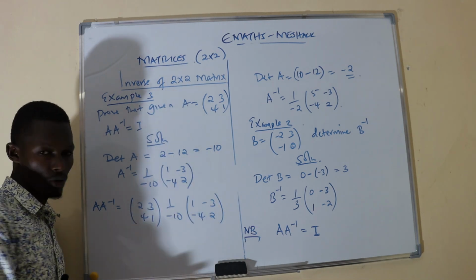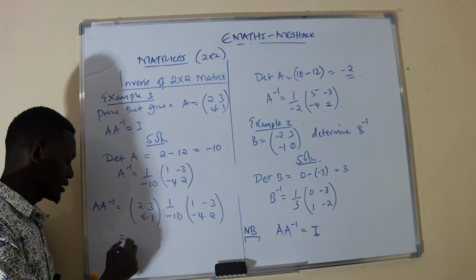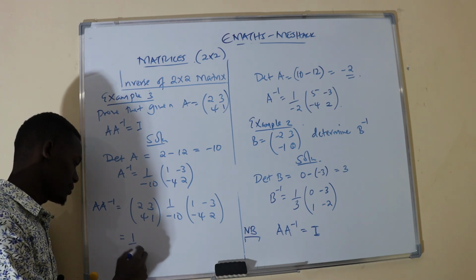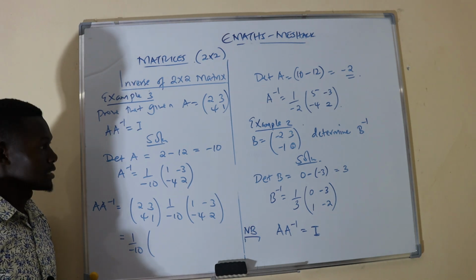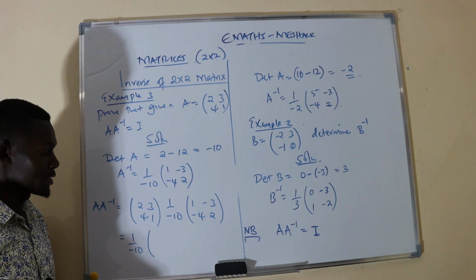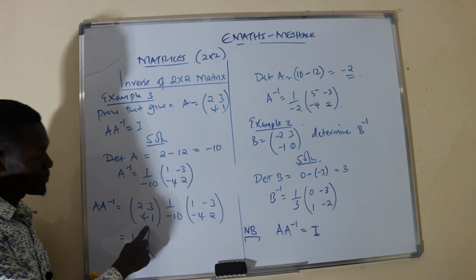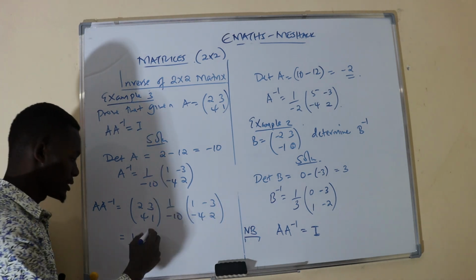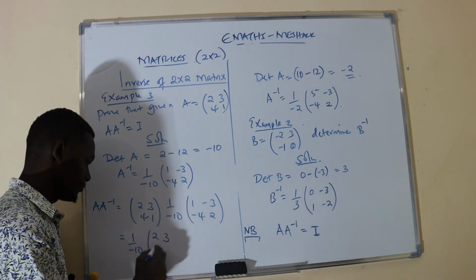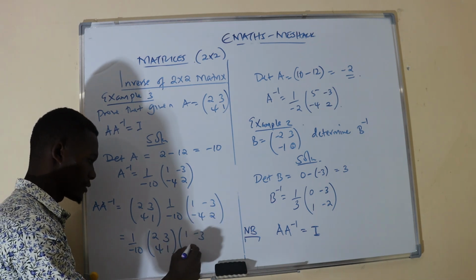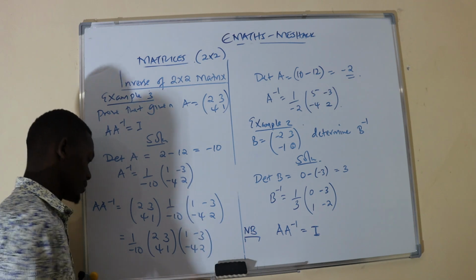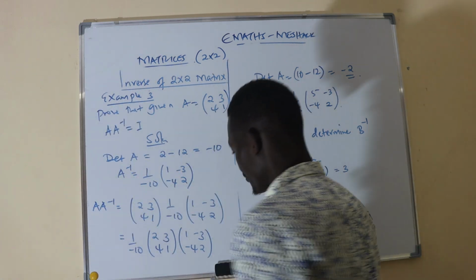We can always put this constant outside first before multiplying with anything else. Now you can multiply this matrix and this matrix. So let me first rewrite them before we multiply them: 1, negative 3, negative 4, 2.